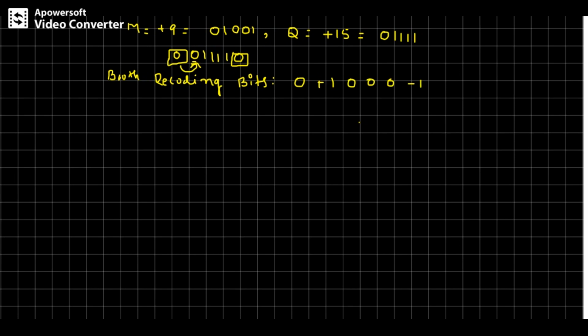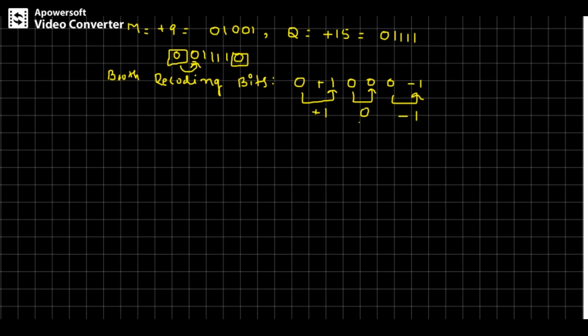So now I can say that here the bits 0, 1 which is equivalent to plus 1, 0, 0 which is equivalent to 0, and one more pair, that is 0 minus 1 which is equivalent to minus 1. Or else we can consider the fast multiplication table and we can write the bits.